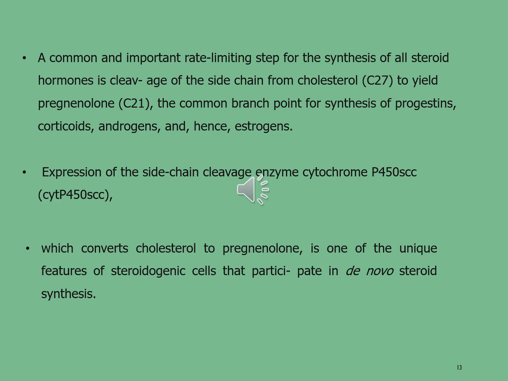A common and important rate-limiting step for the synthesis of all steroid hormones is the cleavage of the side chain from cholesterol, carbon 27, to yield pregnenolone, that is carbon 21. This is the common branch point for the synthesis of progestins, corticoids, androgens, and hence estrogens.